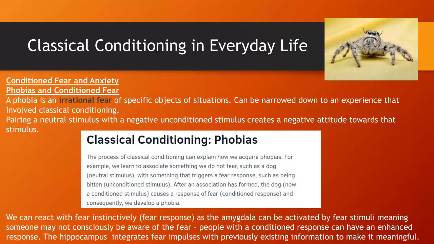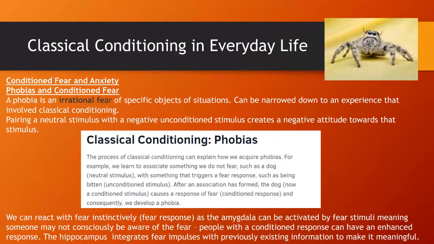An association has been formed, a conditioned stimulus, that's what it's become, and now you've got a conditioned fear response. And often from that, we can develop a phobia. So classical conditioning is the process by which we can learn or be conditioned to fear things from our situations around us.